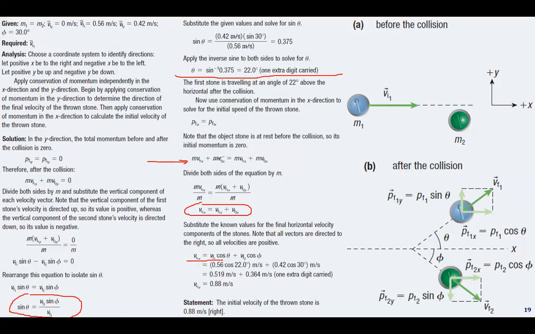And then put all the values in. We have vi1x equals 0.88 meters per second. So that's the initial velocity of the thrown stone. Also note that this value is positive. That indicates the direction of the initial velocity of the thrown stone is to the right.